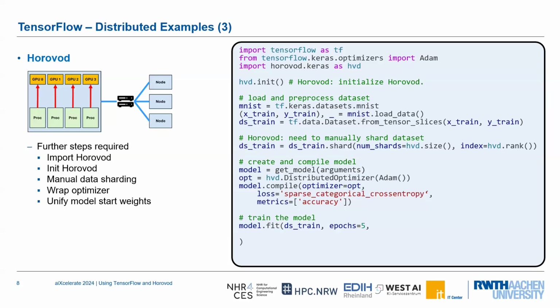Good. And then there's one step missing, and this is model weights. So basically, each of the GPUs has its own copy of the network. And if you don't specify anything else, then these weights are initialized in a random way. So the starting point of the training is completely random and also different on each of the copies.